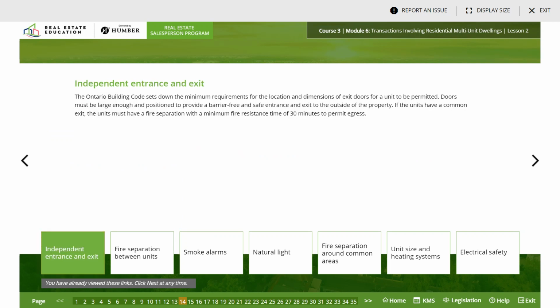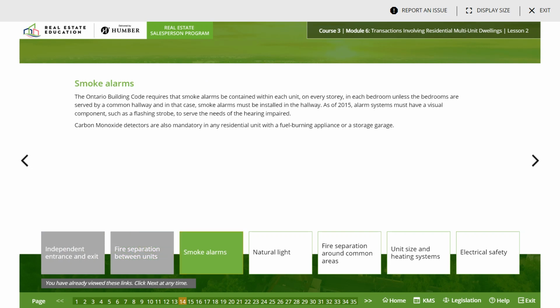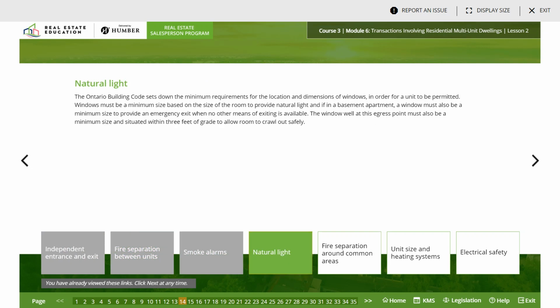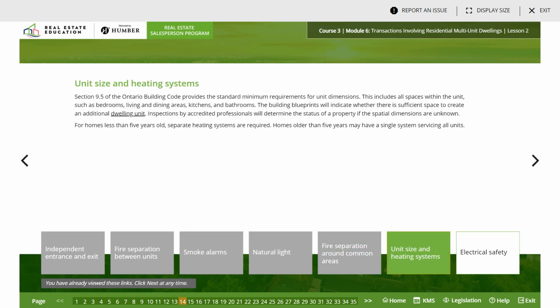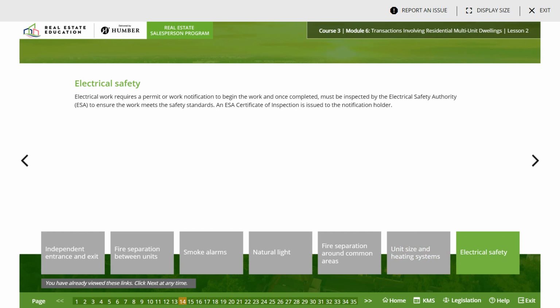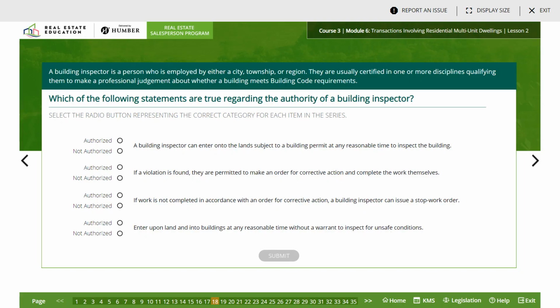Sorry, 1 second. Okay. So the requirements for the Ontario Building Code are independent entrance and exit, fire separations between units, smoke alarms, natural light, fire separations around common areas, unit size and heating systems, and electrical safety. Let's move on to another page. Let's see what they have here.